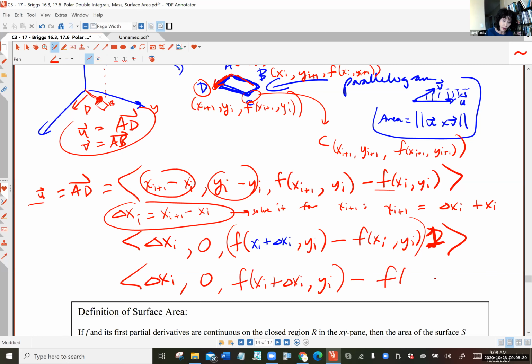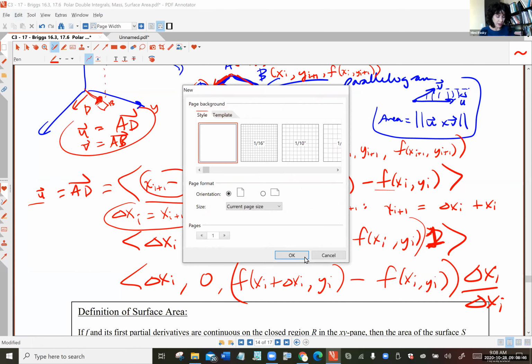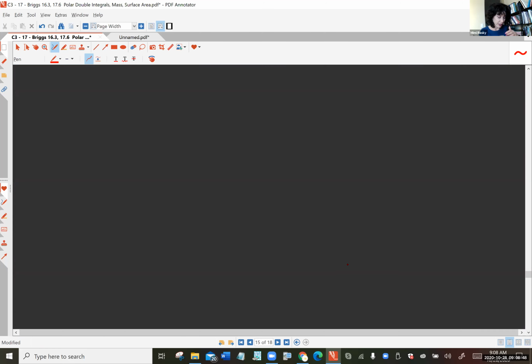And this is the tricky part of the proof, okay? So you're going to go delta x sub i over delta x sub i, and I'm using invisible ink right now. I'll append a page because I'm going to need a lot more room. Okay, so what of it? Well, what's that last component going to go to?